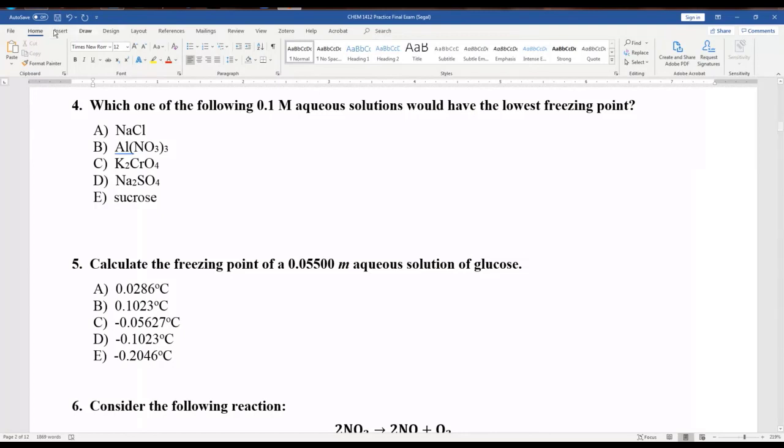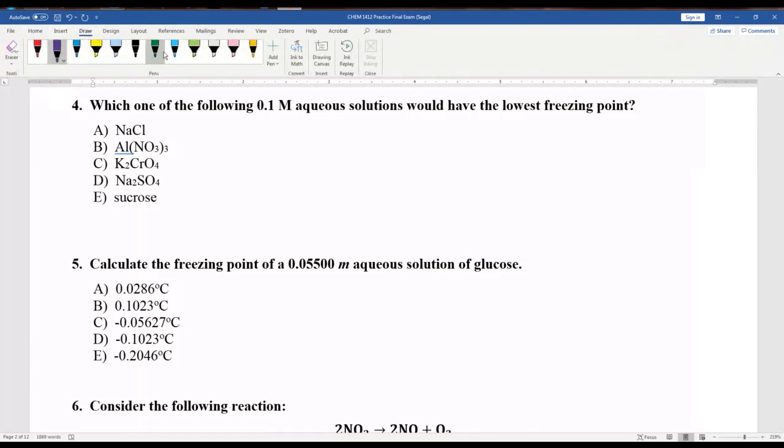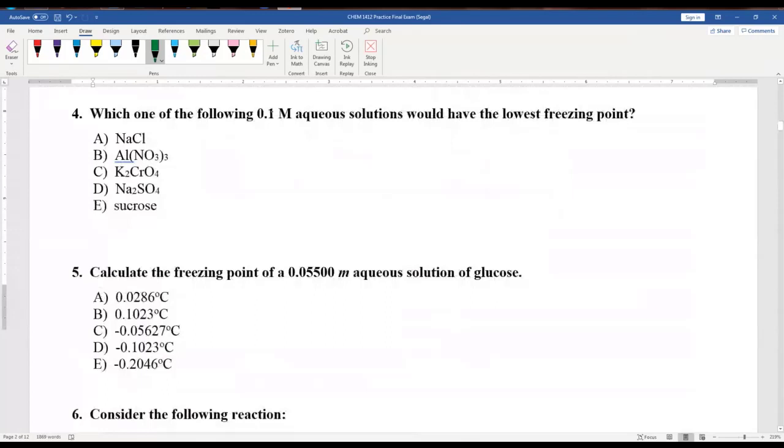It said a 0.1 molar aqueous solution of each one of these compounds, which one would have the lowest freezing point? We have to recognize that they're all 0.1 molar aqueous solutions, but if we look at the equation for freezing point depression, delta TF is equal to negative i Kf m.